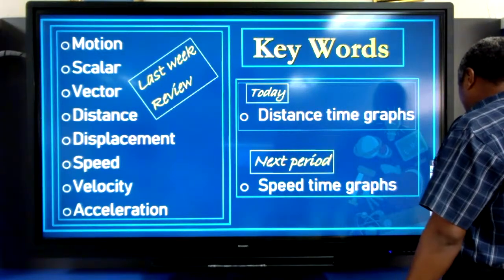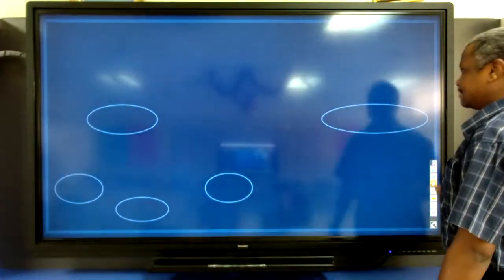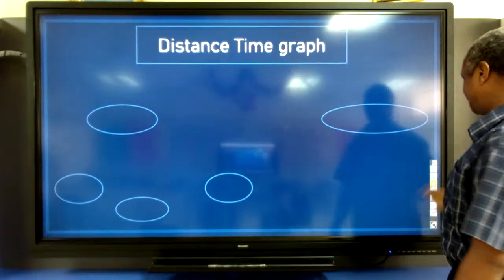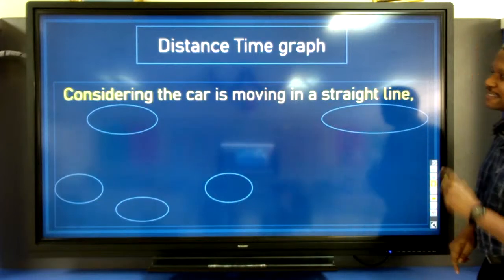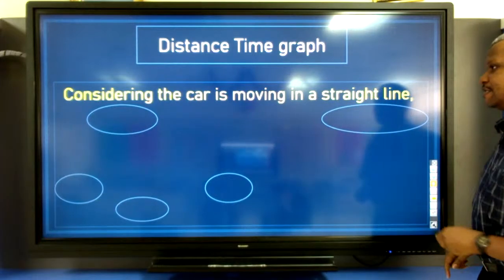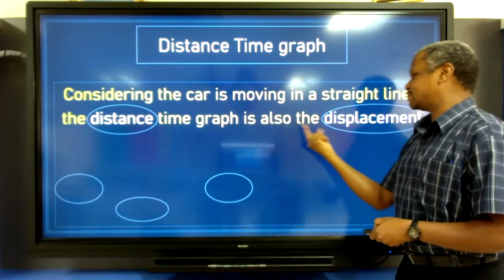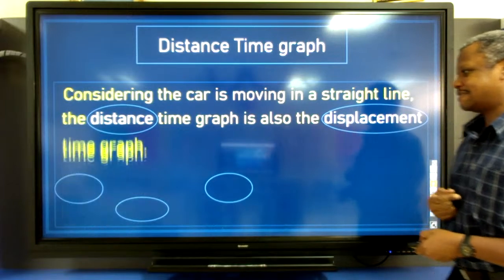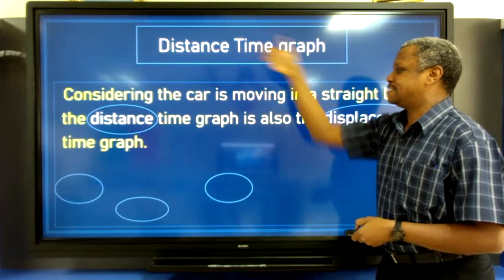Now, very quickly, I want us to look at the distance time graph. Sorry for this, I'm having a little problem. On the distance time graph, I want you to consider a car that is moving in a straight line. When you look at it in that aspect, you'll find that the distance time graph is also the displacement time graph. So we can use this distance slash displacement time graph.